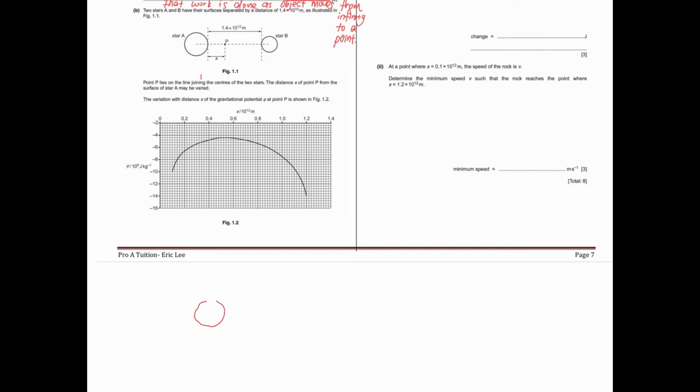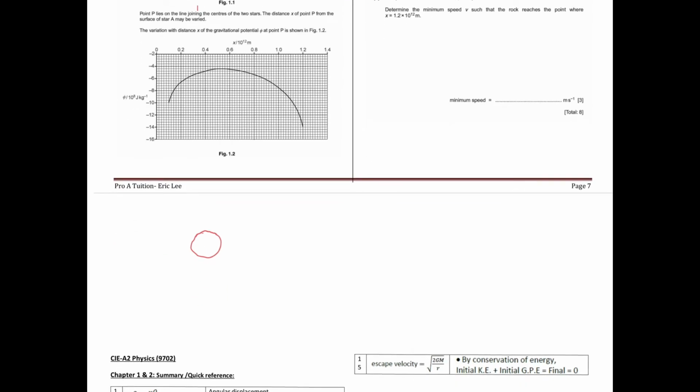Okay, this is star A. This is the graph, phi versus R. I purposely make it long enough so that you can see something.